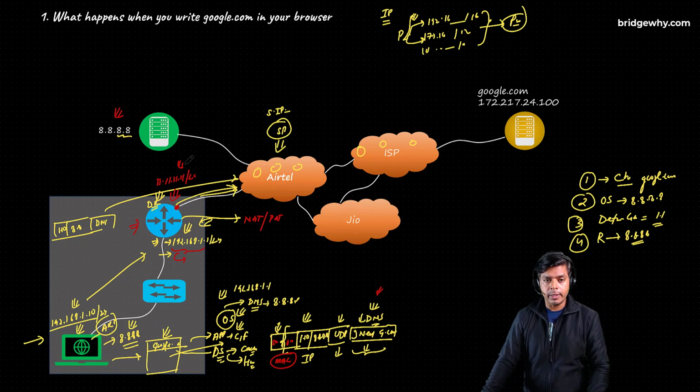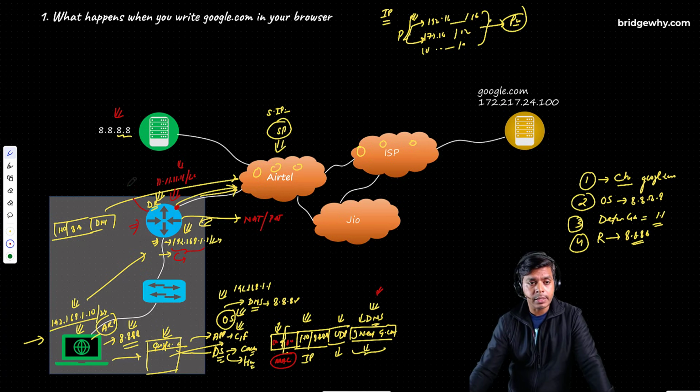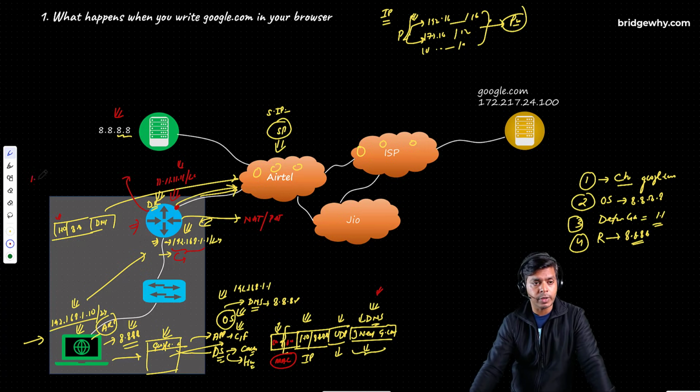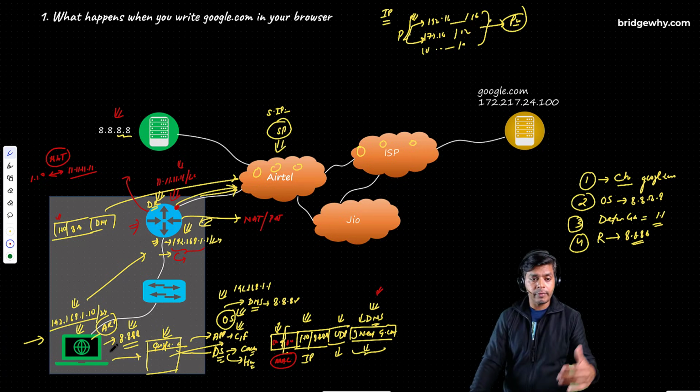But interestingly, the question is how the communication happens now. So what this router does is take this IP address, which is 192.168.1.10, and convert it into 11.11.11.11. And this process is known as network address translation. You might have a question, Mr. Vishnu, it is not the case that I am going to have only one device.